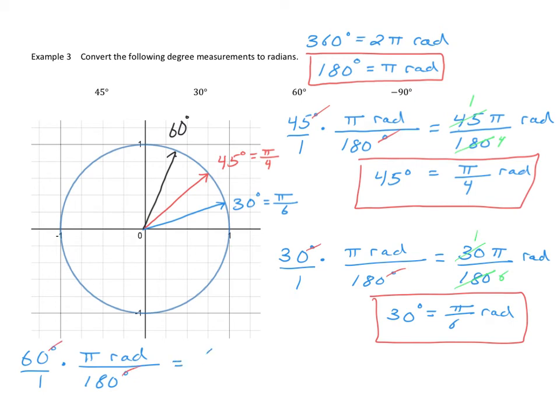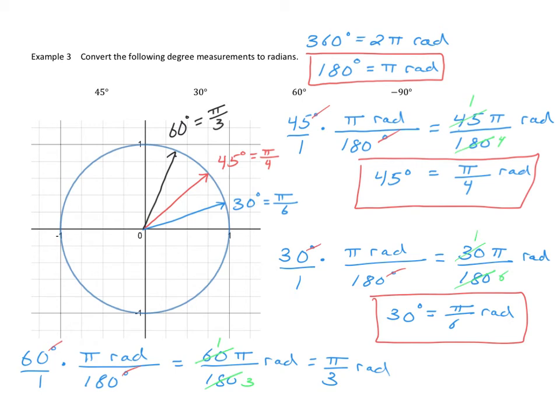And in fact, we have 60 pi over 180 radians. The 60 goes into itself once. It goes into 180 a total of 3 times. And this means our answer is pi over 3 radians. So 60 degrees is equivalent to pi over 3 radians.